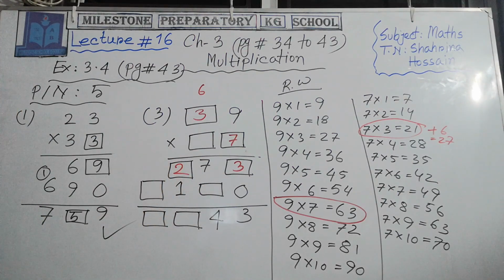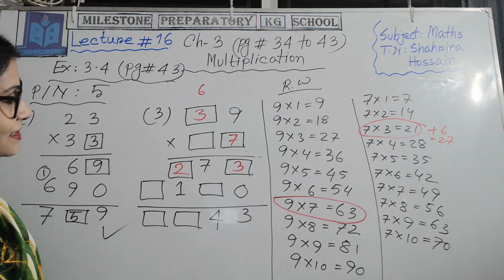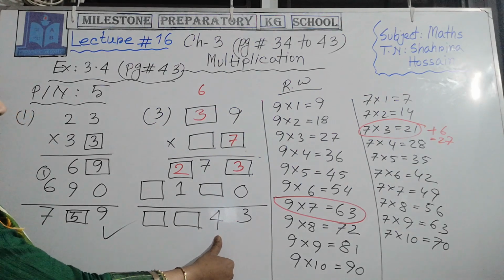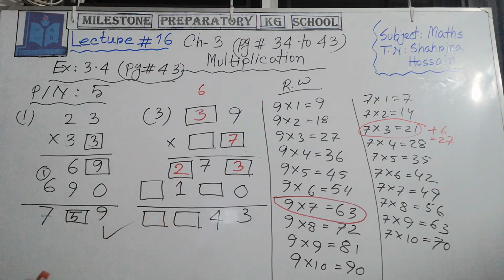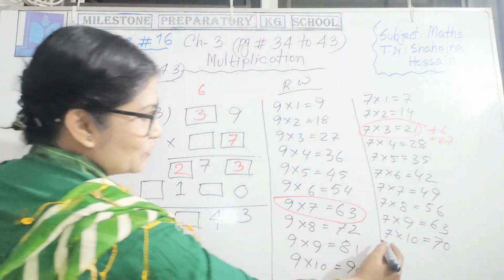Okay, now let's count the second digit, the tens position number. Now how can we find the answer? Here is the 4. Okay, observe it, here is 4. So I need to calculate the 3 times table. Yes, hope so.